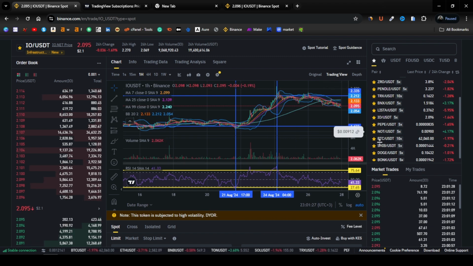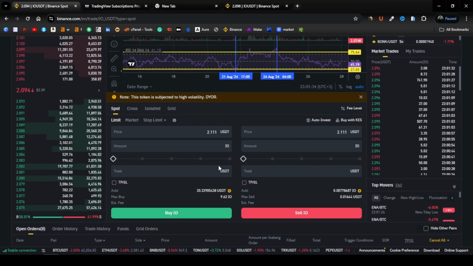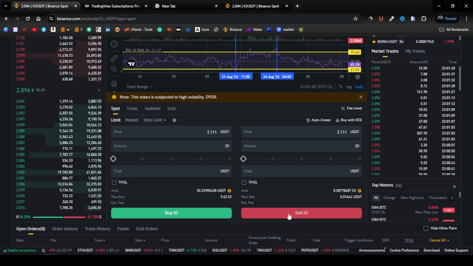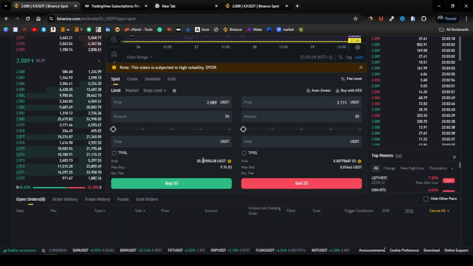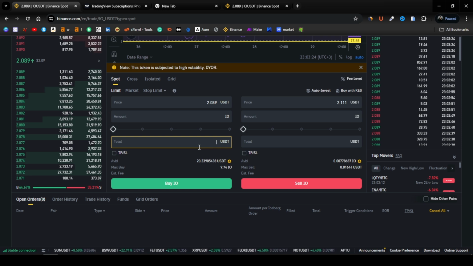The easiest way I do it myself is I just come here to the selling panel. Now this side is for buying and this side is for selling. As you can see here, you can buy the coin from this side, and then you can sell it from this side. You can see I have my 20 USDT here, but we're going to do the projection with around $1,000 or maybe even $200.